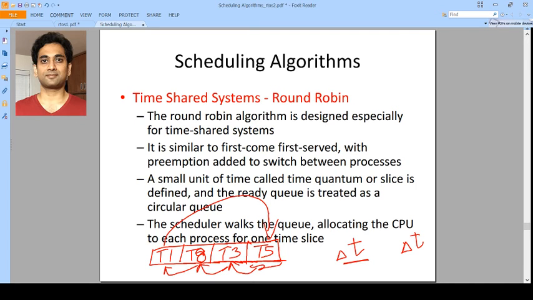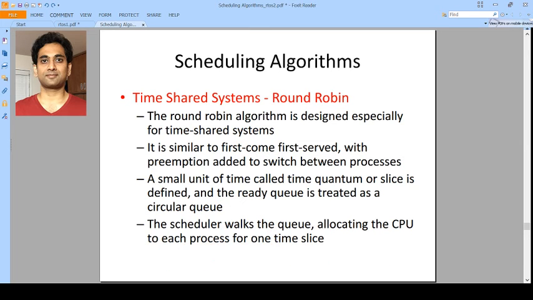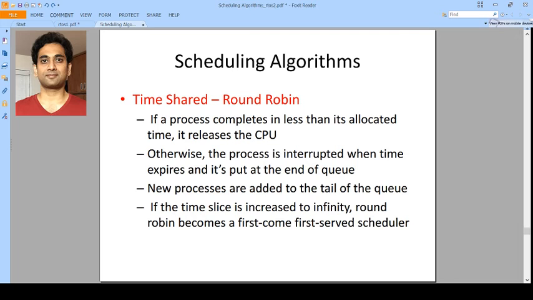So if this time slice delta T is increased to infinity, a round robin scheme becomes a first come first served scheme. Think about it. A first come first served scheme with preemption is a round robin scheme. Let me say that again.